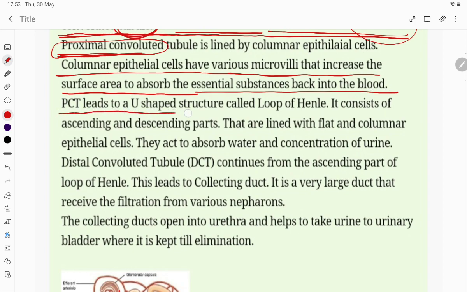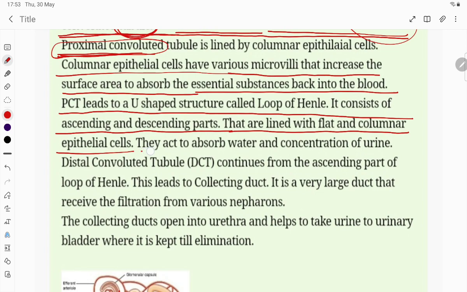PCT leads to a U-shaped structure called the loop of Henle. It consists of ascending and descending parts that are lined with flat epithelial cells. They act to absorb water and concentrate the urine.